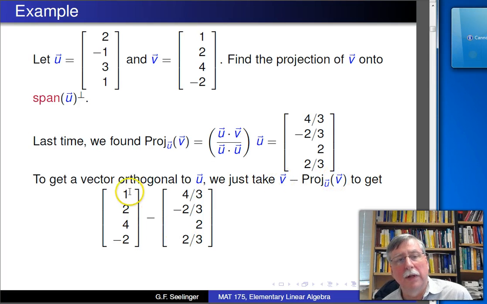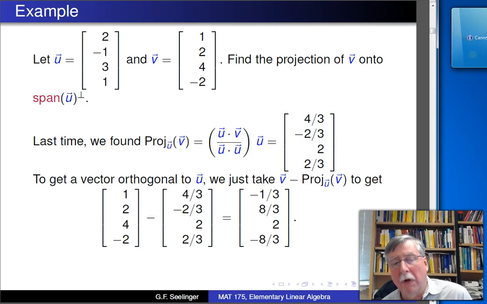So here's u, and here's v. We subtract off the projection onto u, and we get an orthogonal complement.